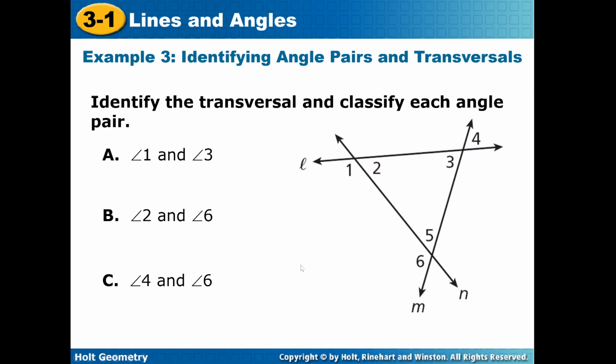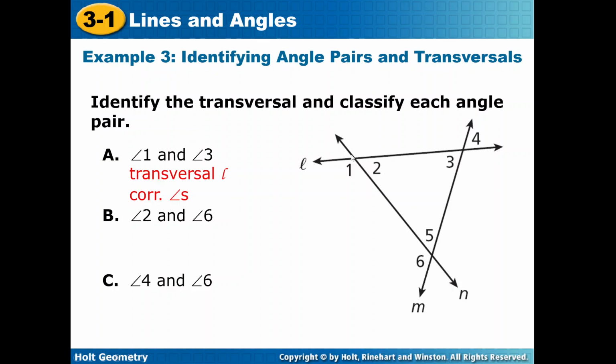Okay, so identify a transversal and classify each angle pair. For angle 1 and 3, the transversal would be line L. As you can see, angle 1 and angle 3 are facing the same direction, facing down this way, so they're considered corresponding. Then angle 2 and angle 6.